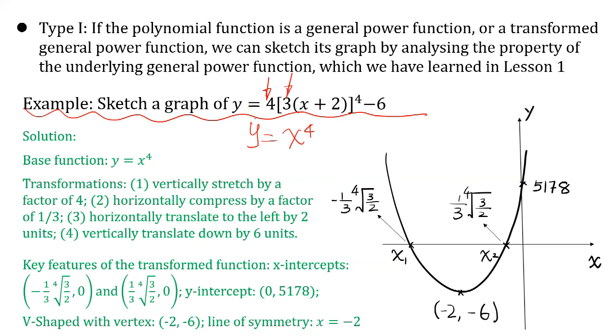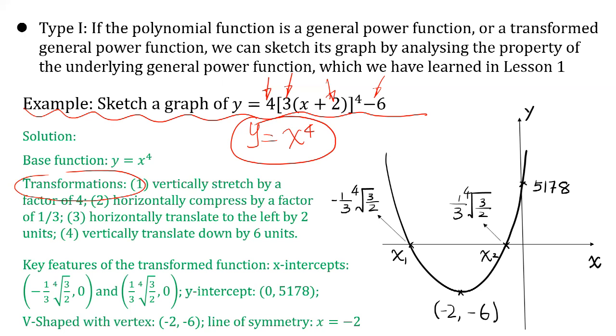And this factor here corresponds to a horizontal compression by a factor of 1/3. And this factor here means a horizontal translation to the left by 2, right? And the last factor here means a vertical translation down by 6 units. So we can just transform this function using these transformations to get the new function, right?